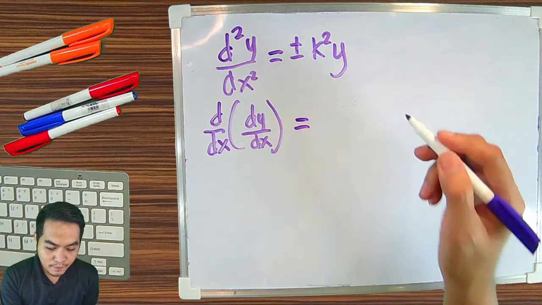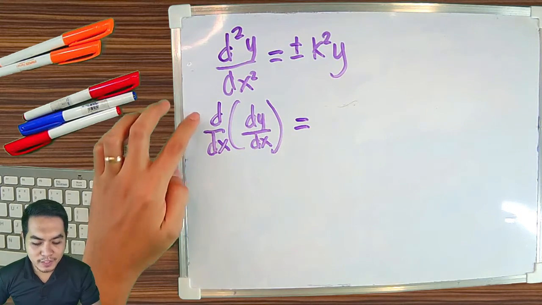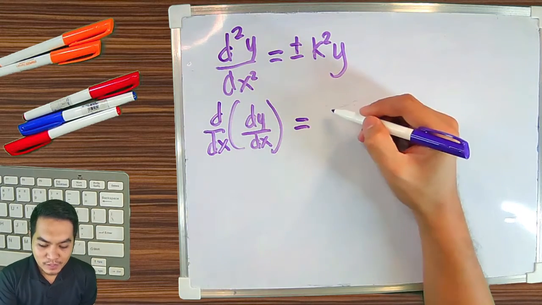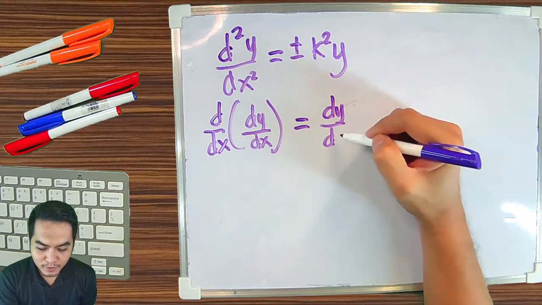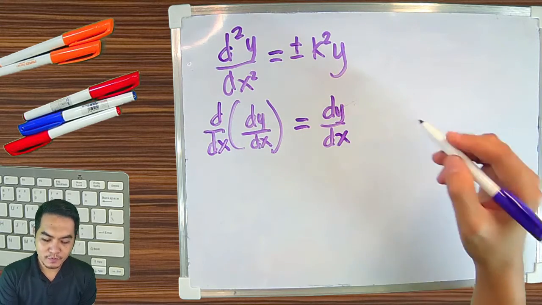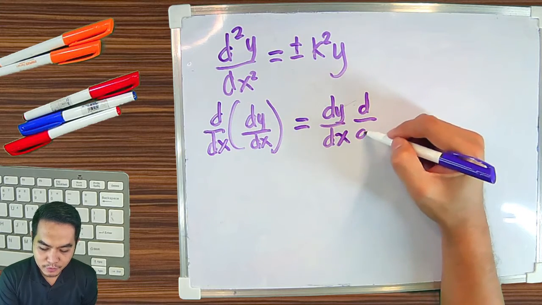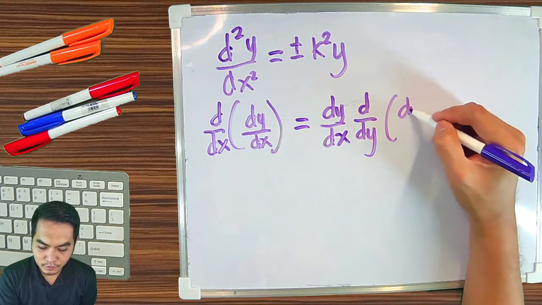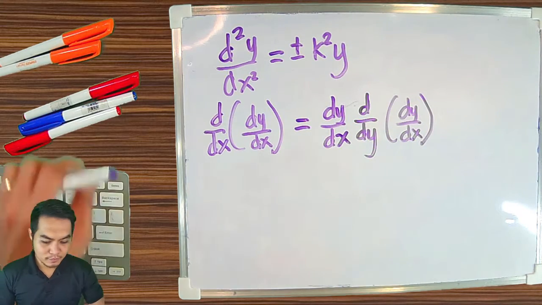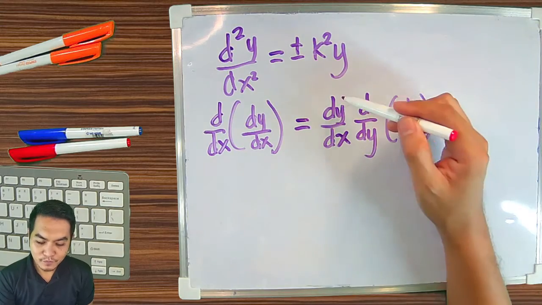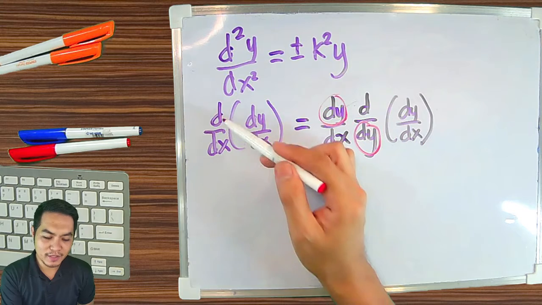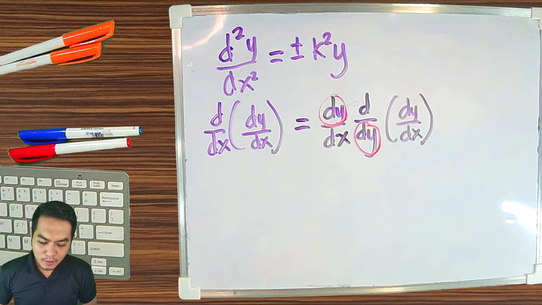Now, if I want to change my differentiation from d dx to d dy, what should I do? I take the derivative of y with respect to x, and then change to d dy of dy dx, right? The dy here will basically cancel out, and you get d dx, right? Okay.